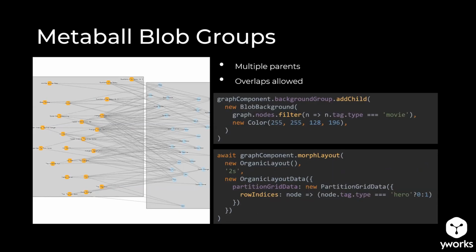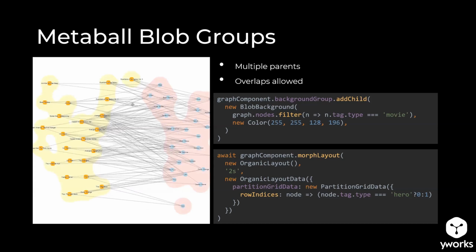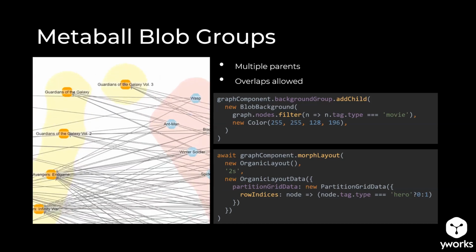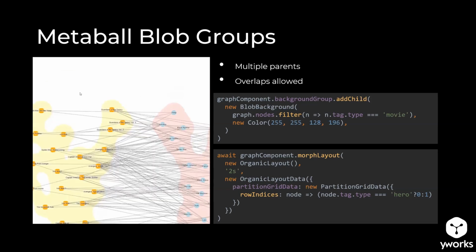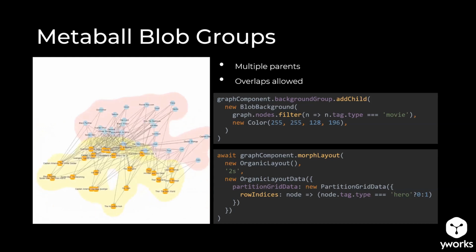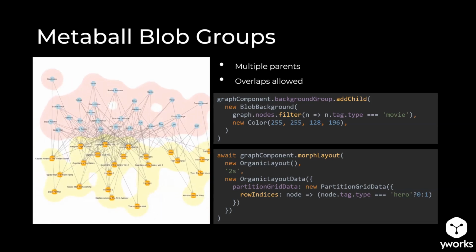Another option that we have at our disposal is this kind of visualization. If nodes belong to multiple groups and those groups could overlap, a visualization like this is better suited. However, again, in this specific case, we can just instruct the layout algorithm to explicitly partition the canvas into cells, in this case into two rows, and have all the heroes in the top row and the movies in the bottom row.